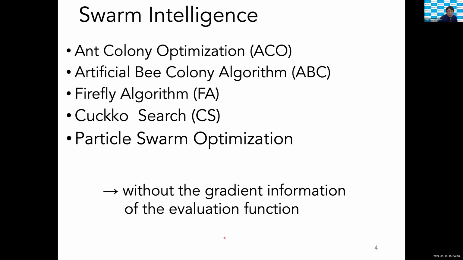Therefore, swarm intelligence algorithms include the following: ant colony optimization ACO, artificial bee colony algorithm ABC, firefly algorithm FA, cuckoo search CS, and particle swarm optimization PSO, among others.